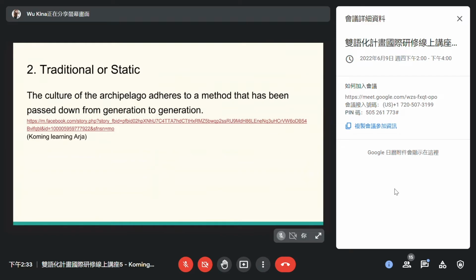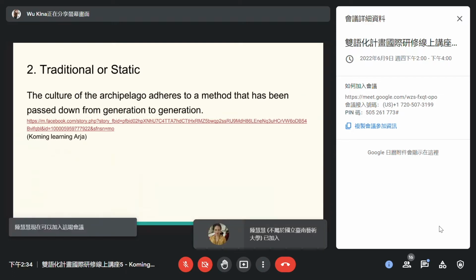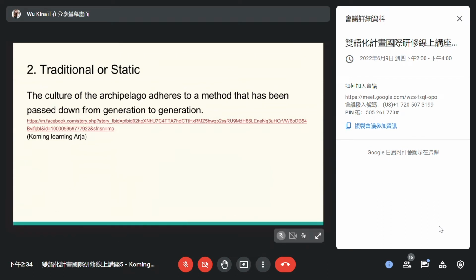And one of the other characteristics is still being traditional or static. The culture of the archipelago adheres to methods that have been passed down from generation to generation. So, Pak Made, are you there, Ling Fang? I won't play this video, but I would like Pak Made or Ling Fang to share.